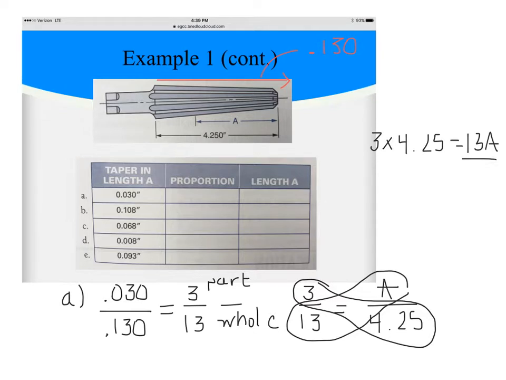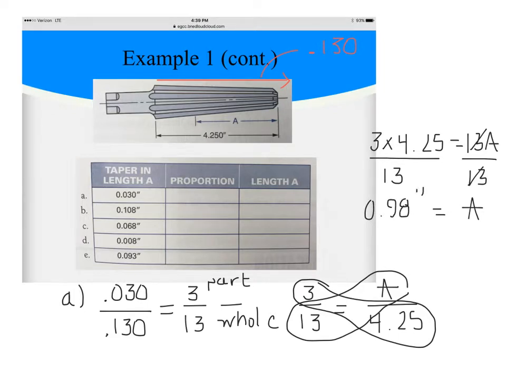To solve for A, we have to divide both sides of our equation by 13, and A will be alone. And we find that in part A here, piece A would be just a little less than an inch. It's actually 0.98 inch.